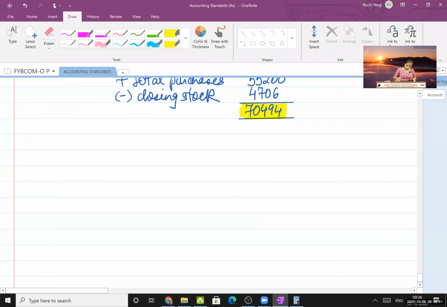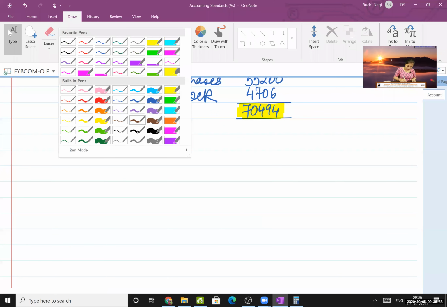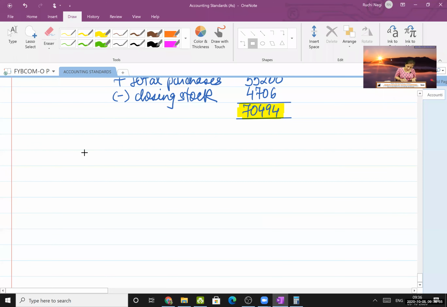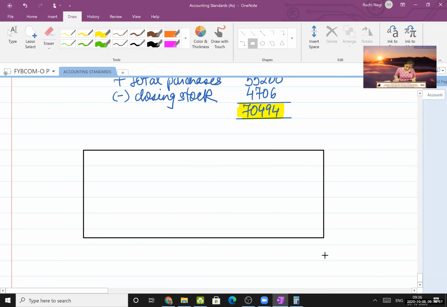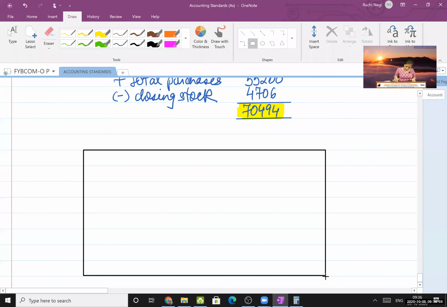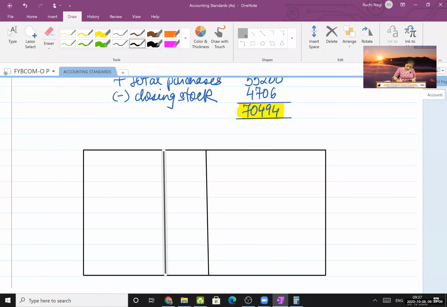Now make a small trading account. All the figures are already calculated. You just have to copy paste from FIFO with a slight difference, obviously. So write down trading account.